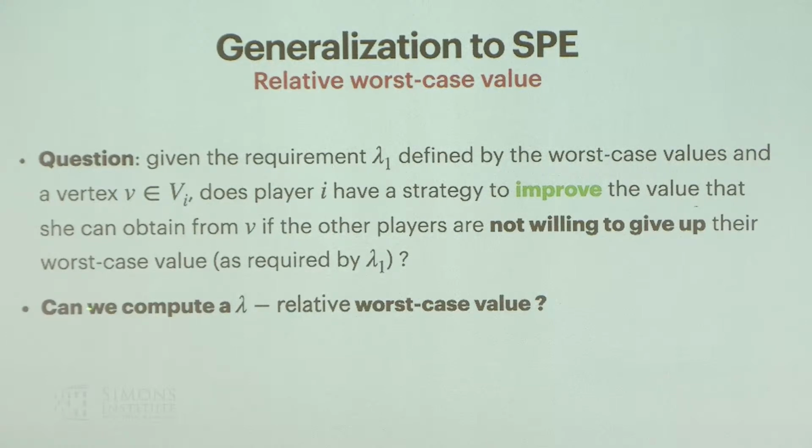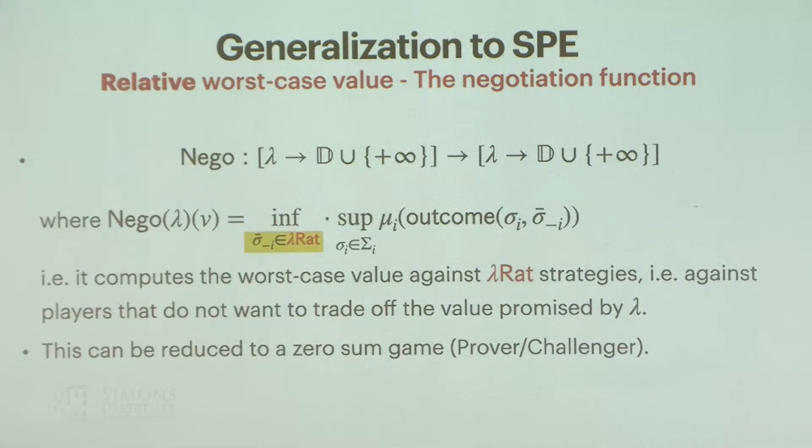Okay, and so this will basically compute a new notion of worst case, which is relative to the rationality, or the value that we have already computed for now. So what we will do is take this function that assigns values to the vertices in the graph.